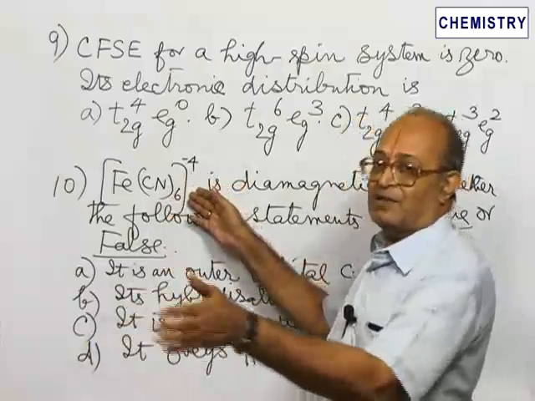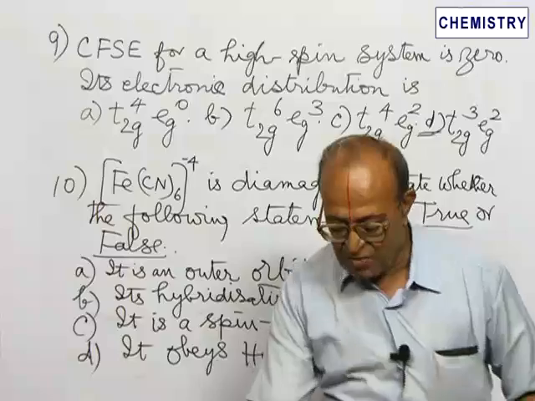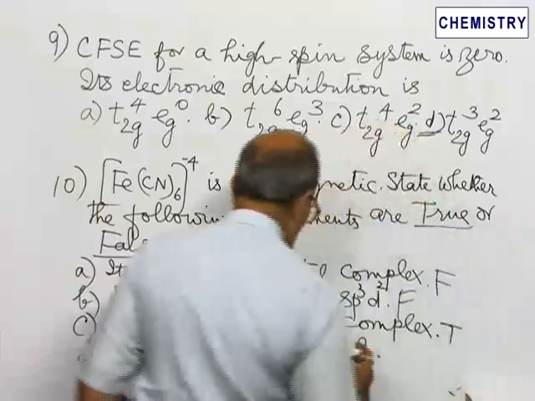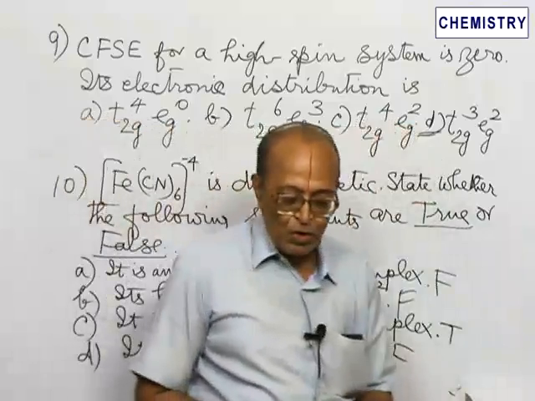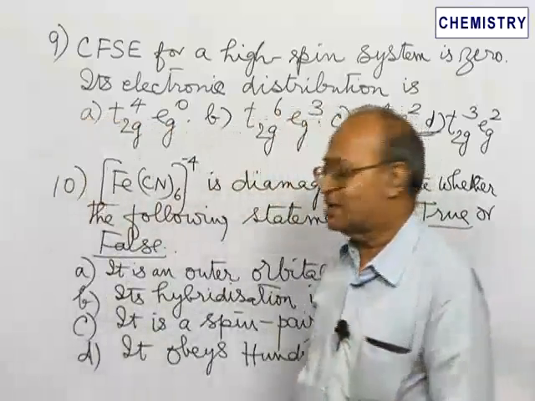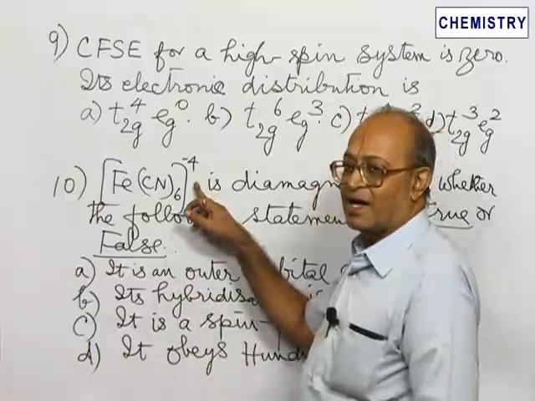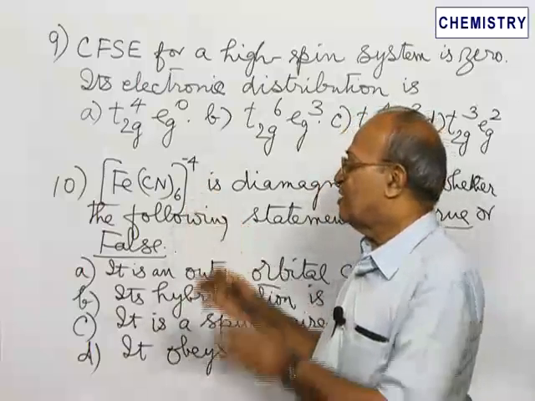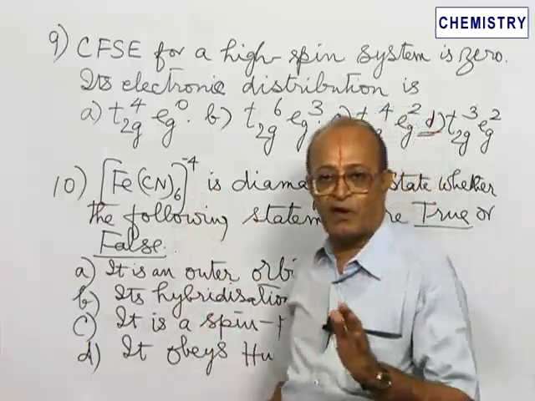That means there are vacant d orbitals. But it means option 4 is also false. That is, Hund's rule of maximum multiplicity is not obeyed in the case of this diamagnetic complex [Fe(CN)6]4-. Do you follow?